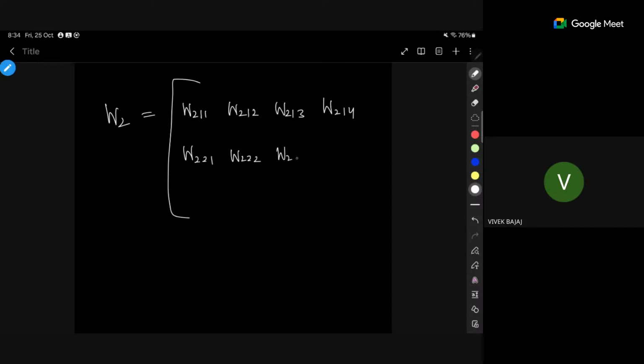So let's say W2 will come, then my first neuron has its first weight, W2 1 1, second weight W2 1 2, and so on up to 1 4, right? Then 2 1, 2 2, 2 3, right? So this is the weight matrix you will get as W2.